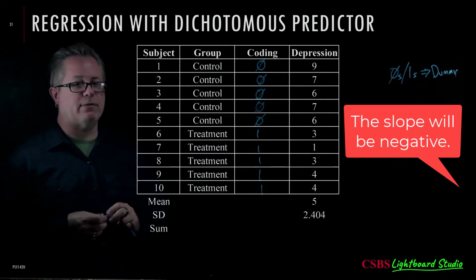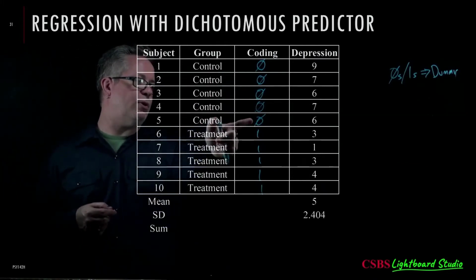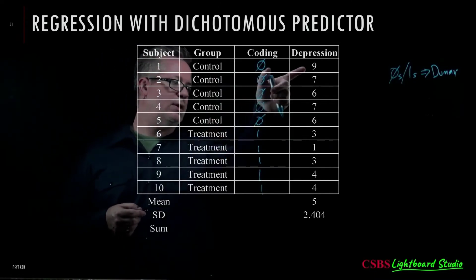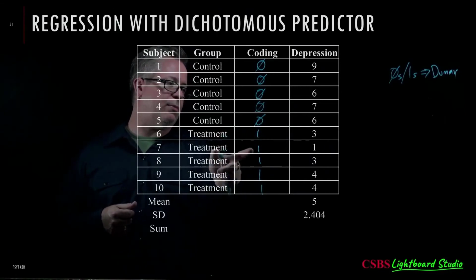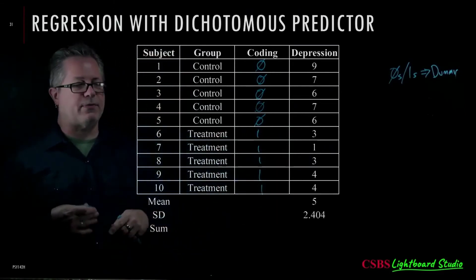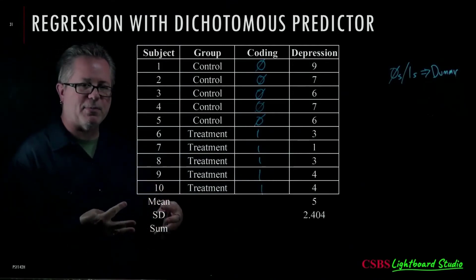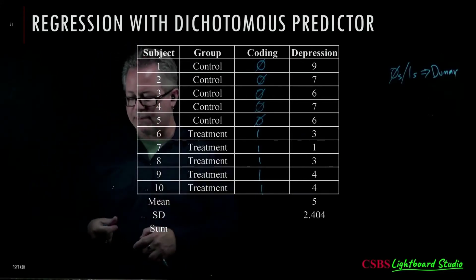Yeah, it's going to be negative, exactly. Why? Because the lower number, 0, corresponds to higher outcomes in depression. The higher number of the predictor corresponds to lower numbers. So that's kind of nice, because if I want to show the treatment is lowering depression, getting a negative slope actually corresponds to that.